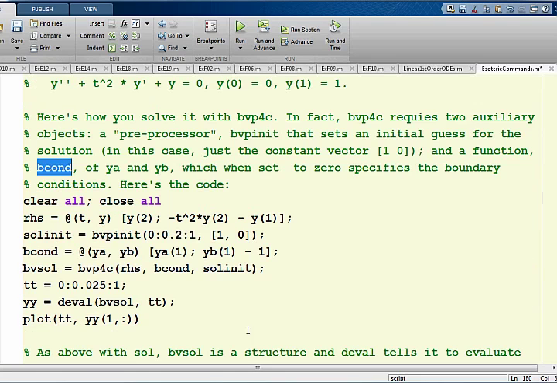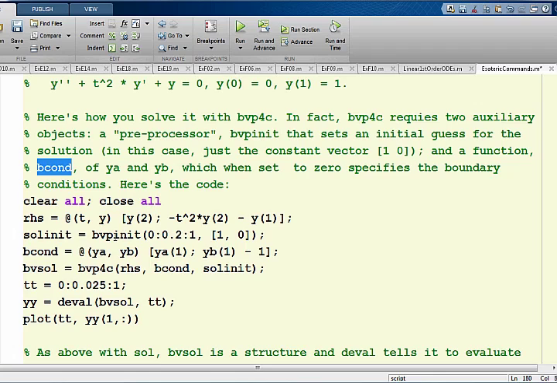Okay, here's the code. As usual, I clear things. The right-hand side is the differential equation reformulated in the form of a system, the usual way, right? Y1 prime is y2, and y2 prime is the right-hand side of the differential equation. This is what y double prime equals.